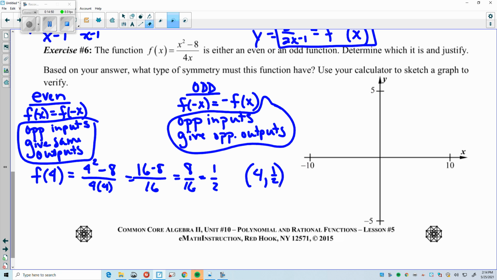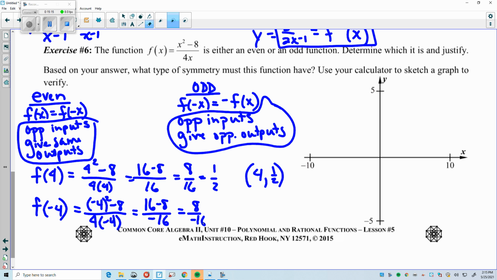Okay, so if I tried the opposite of that, what happens if I try the opposite? Okay, so now again, I have negative 4 squared minus 8 over 4 times negative 4. So negative 4 squared, I get 16 still, minus 8. But on the bottom, I get a negative 16. So I still have an 8 in my top and a negative 16. So now this time, I get a negative 1/2.